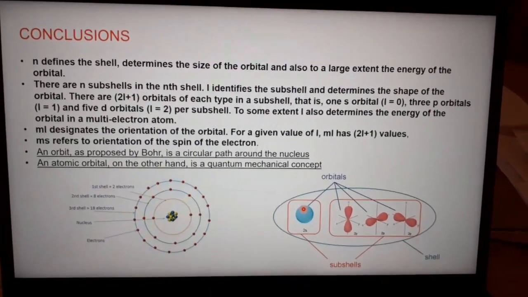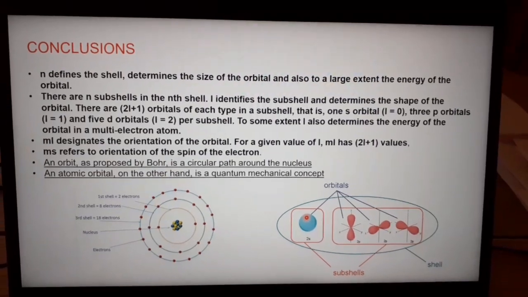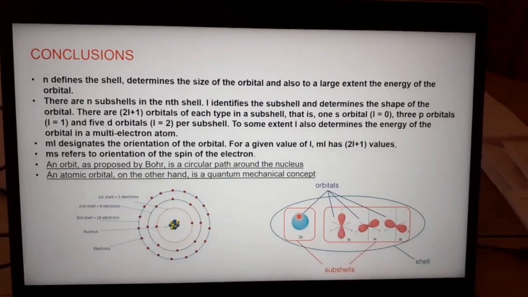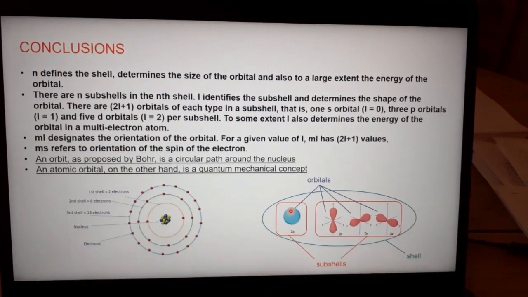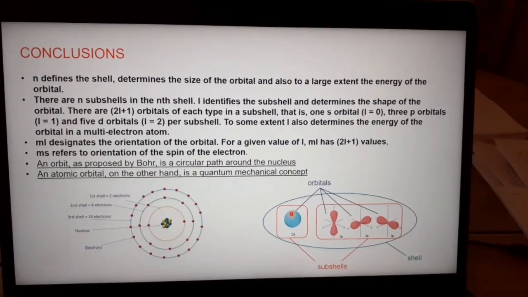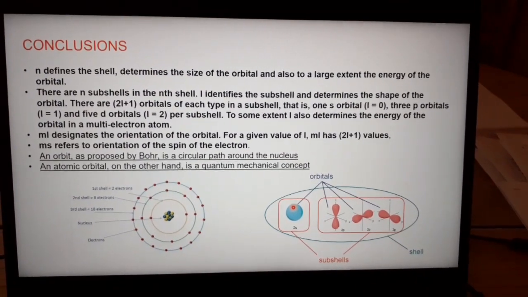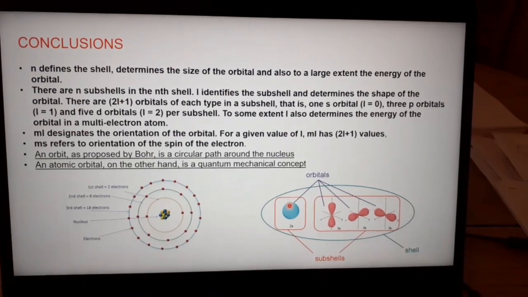In conclusion, the n level of the shell determines the size of the orbital and, to a large extent, the energy of the orbital. There are n subshells in the nth shell, and the l value corresponds to the azimuthal quantum number. There are 2l plus 1 values, each corresponding to a different state.